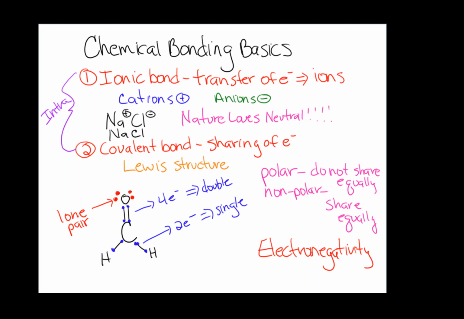But to give you a flavor right here, carbon and oxygen, they're different. So this one would be considered polar. Now carbon and hydrogen, they are different, but they're awfully similar to each other. So it depends on who you're talking to about this. Technically, this one is also polar, but not by much.